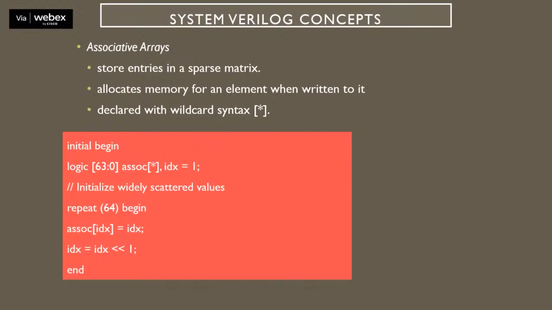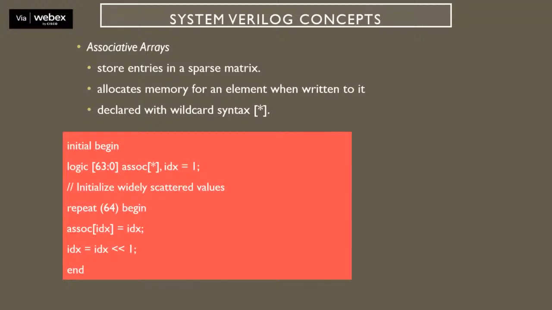So what we can do is, when we know only a few of them are being used, why not allocate the memory only when you're writing into it? That feature is given by associative arrays. So how does this work? It is going to store the entries in a sparse matrix. So what exactly is a sparse matrix?